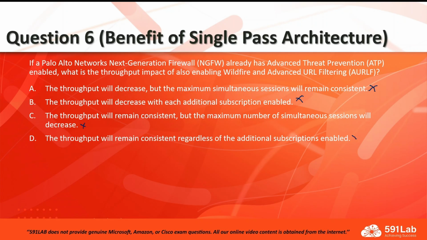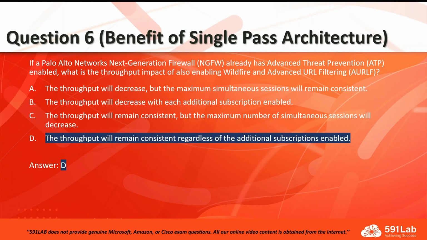So this is the answer because we have the flexibility on which subscription we want to enable, and the performance stays consistent because of the single pass architecture. Then the answer for question number 6 is D. The throughput will remain consistent regardless of the additional subscriptions enabled.